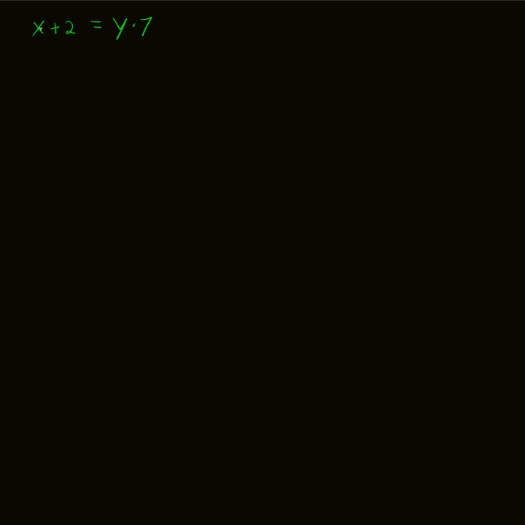So let's think about if we take one side of this equation. We can multiply one side of this equation by 3 as long as we multiply the other side of the equation by 3. So we are always free to multiply both sides of the equation by the same number. Okay?